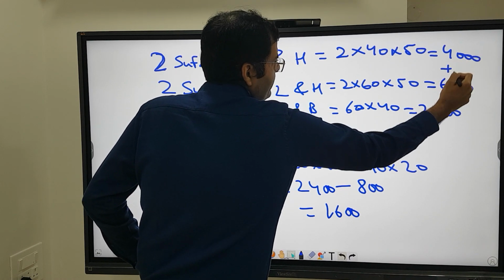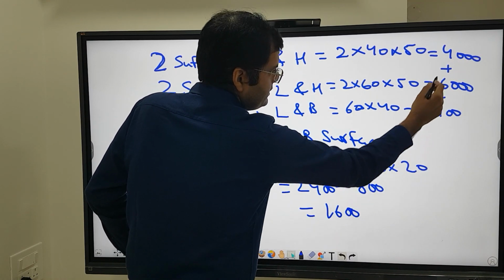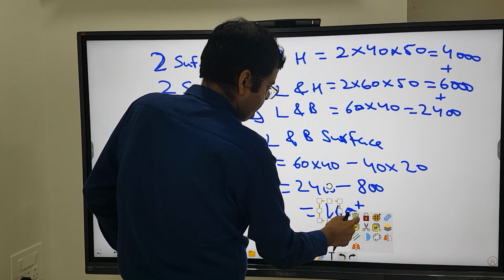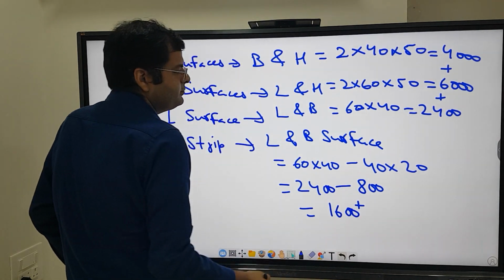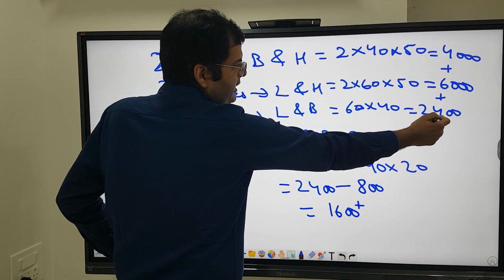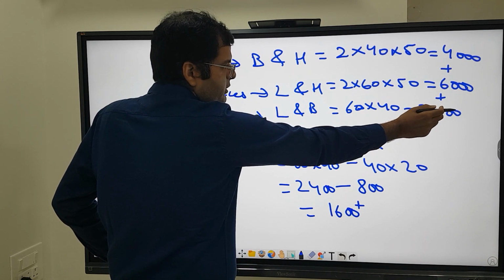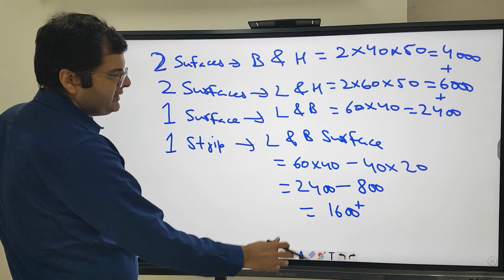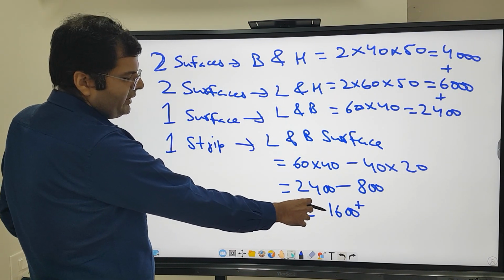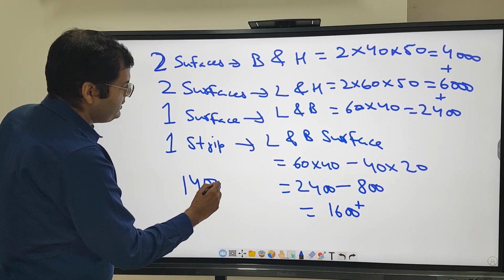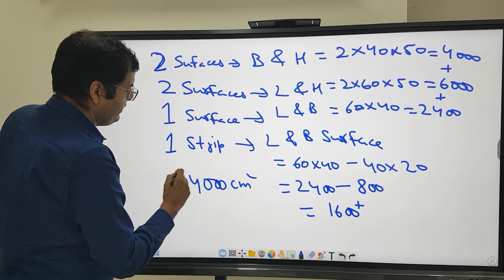You add all of them: 4000 plus 6000 is 10,000, and 2,400 is 12,400. Adding 1600 gives 14,000 centimeter square.